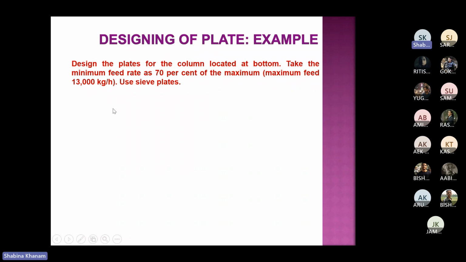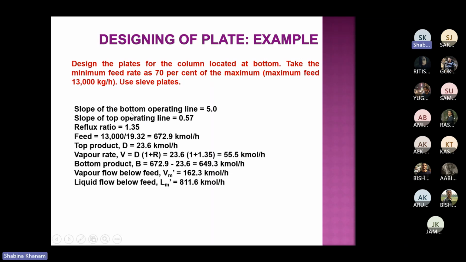Turn down ratio means the ratio of maximum to minimum feed rate. The maximum feed rate is given as 13,000 kg per hour, and 70% of that would be the minimum flow rate. So we need to design the sieve plate located at the bottom.